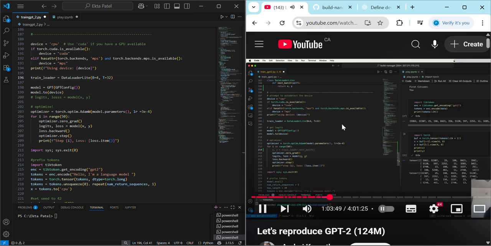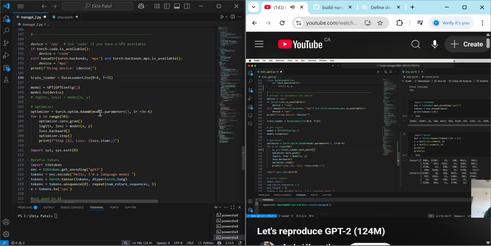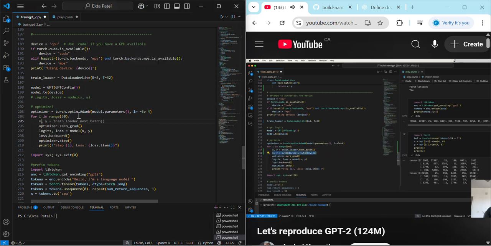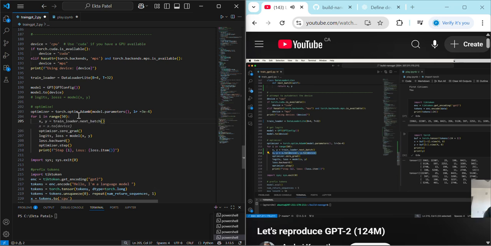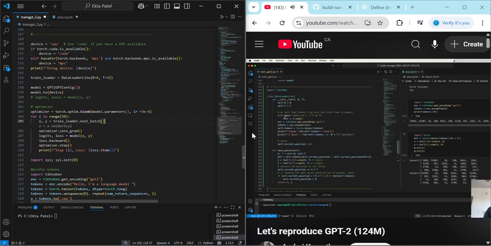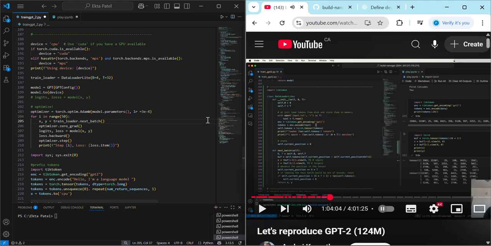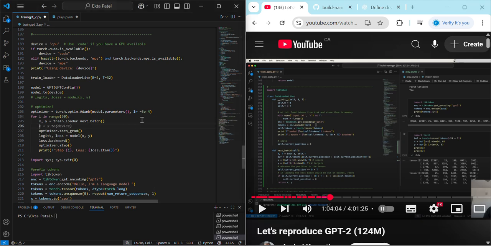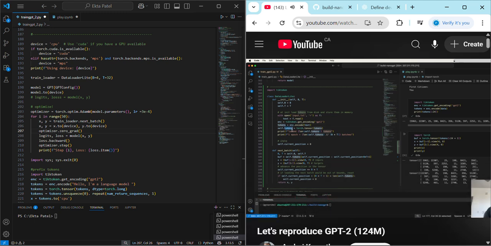So let's see if Copilot gets it, because this is simple enough. So we call the next batch, and then we make sure that we move our tensors from CPU to the device. So here, when I converted the tokens, notice that I didn't actually move these tokens to the GPU.